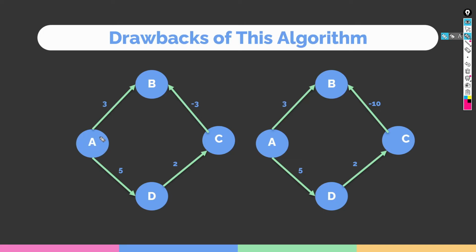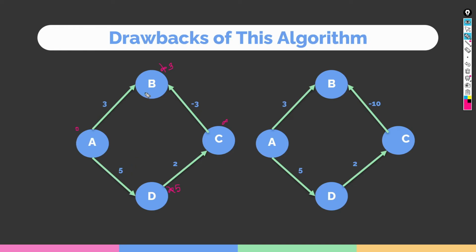First of all, let's give them infinity, and A is 0. So from A we can go to B, so this becomes 3, and from A to D it becomes 5.